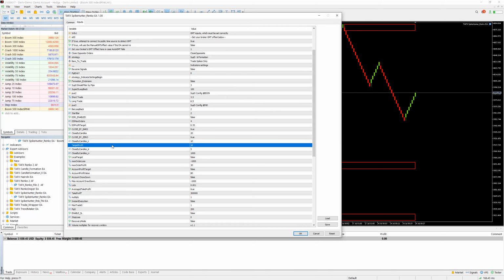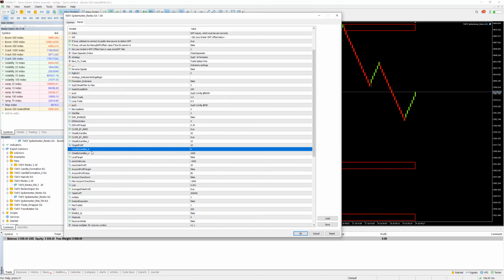Now let's go to our profit. What is this target profit? This target profit tells you, if for instance I get a target of $10, this one must work with close by candles 3. Keep that in mind, they all work together.